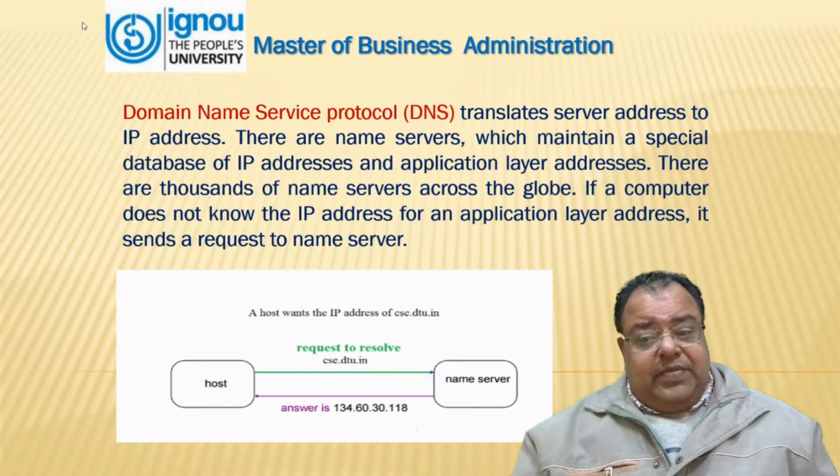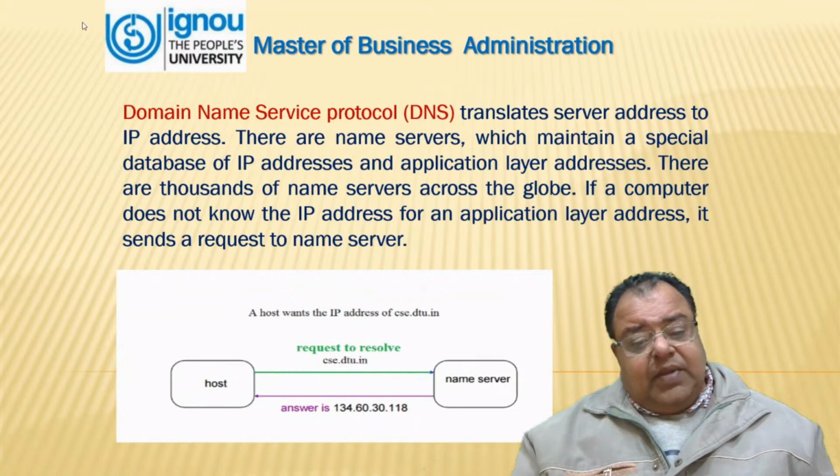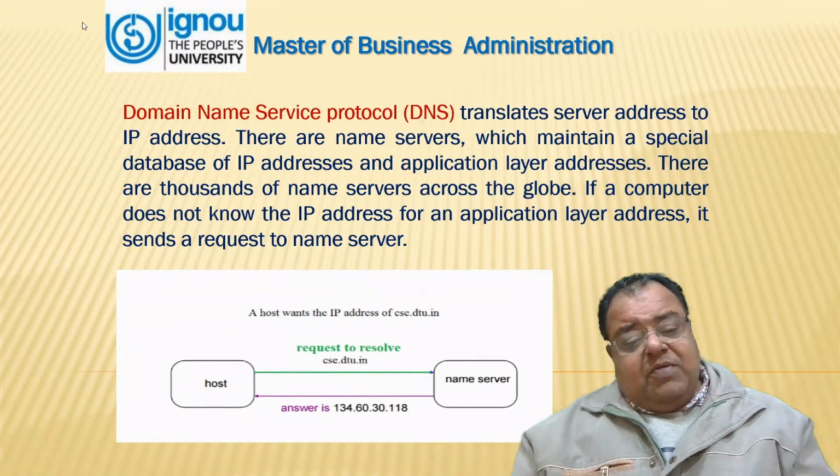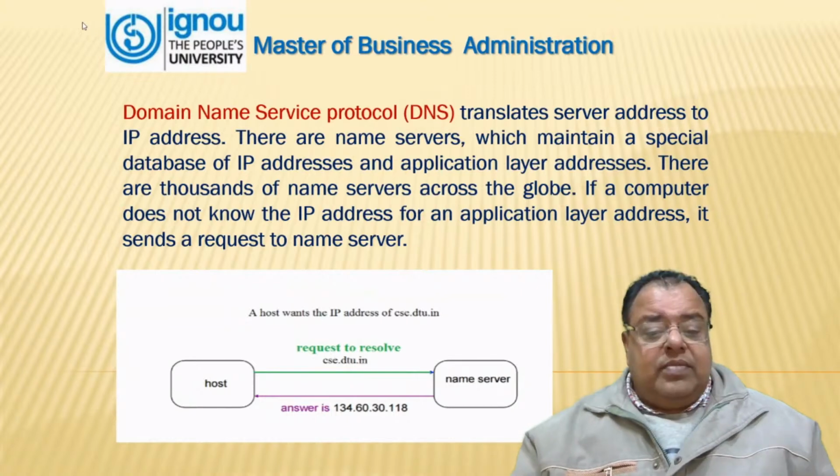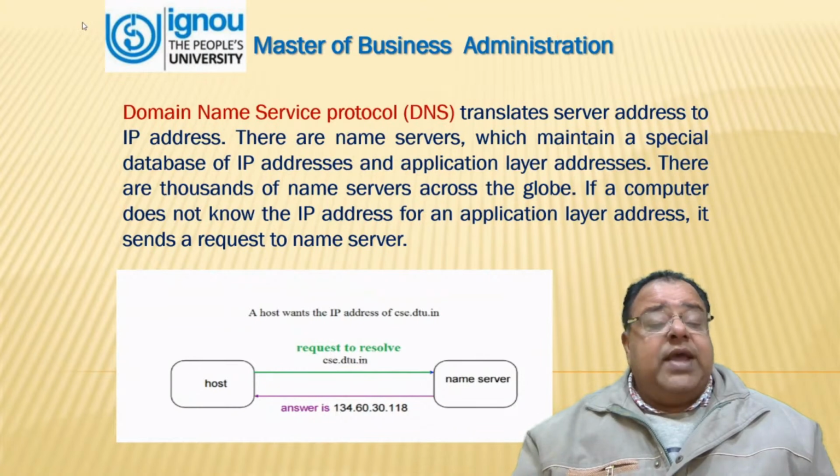If a computer does not know the IP address of an application layer address, it sends a request to the name server. Here we can see how the host sends a request to the name server and how it gets the reply. That is, we are talking about how an IP address is obtained.